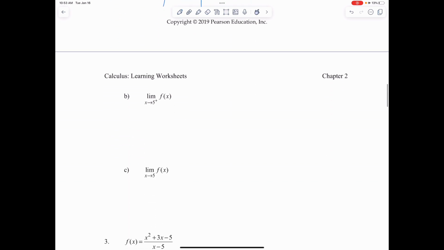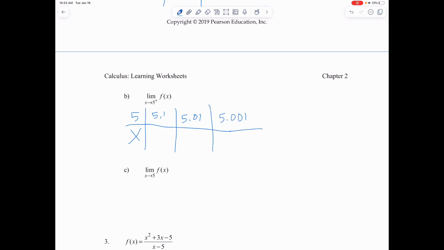Next, we look at it from the right at 5. So we're looking at 5.1, 5.01, 5.001 as we get closer and closer to 5. Okay.